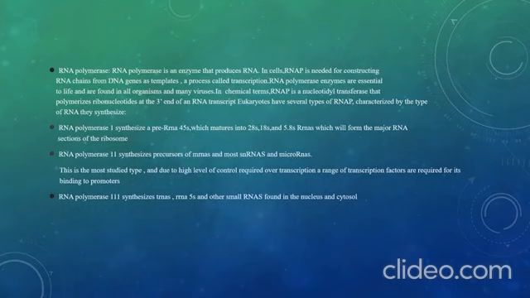This is the most studied type and, due to the high level of control required over transcription, a range of transcription factors are required for its binding to promoters. RNA polymerase 3 synthesizes tRNAs, rRNAs, 5S and other small RNAs found in the nucleus and cytosol.